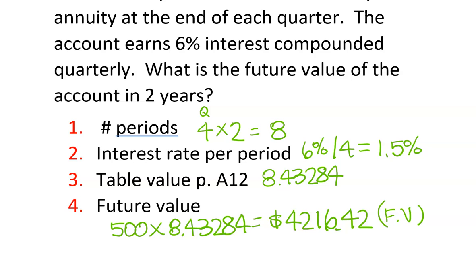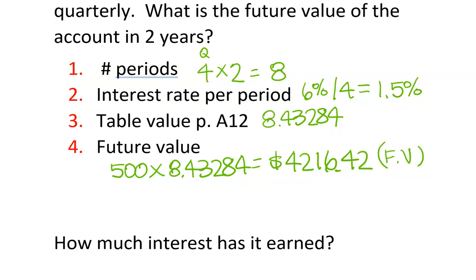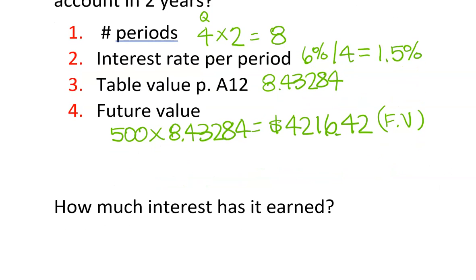We need to find the interest. This one's a little bit different though. How much interest has it earned? So we're going to take our total, which is 4216.42. We're not going to subtract out the $500 because that would be a huge amount of interest. We need to take how many deposits this account has made.